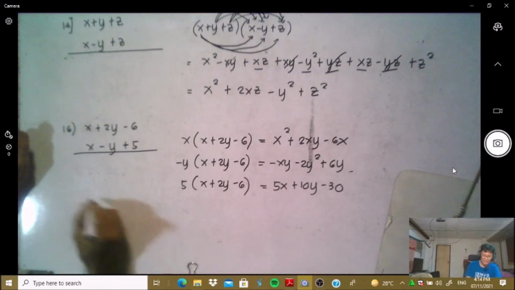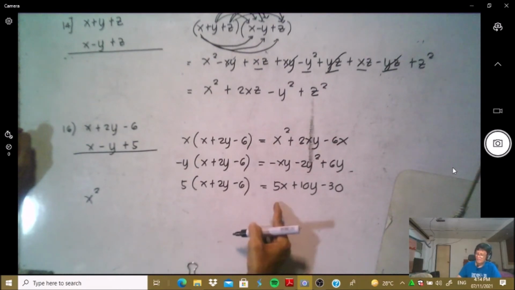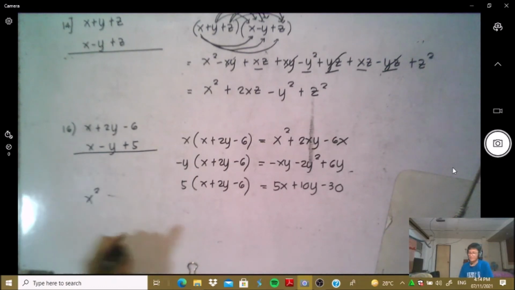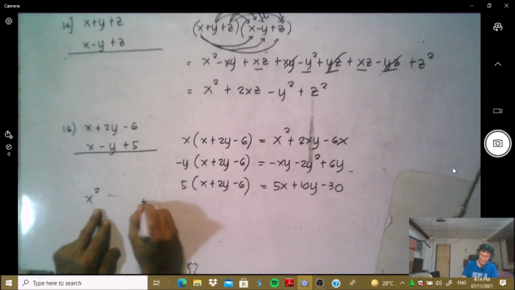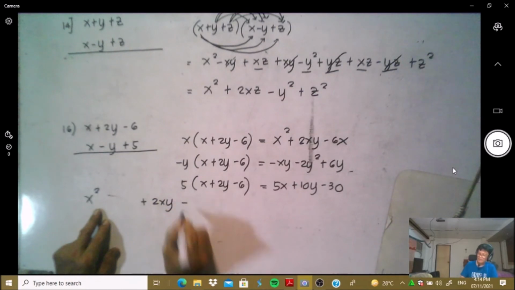We have x squared. What will be next is x, then plus 2xy, then minus 6x.